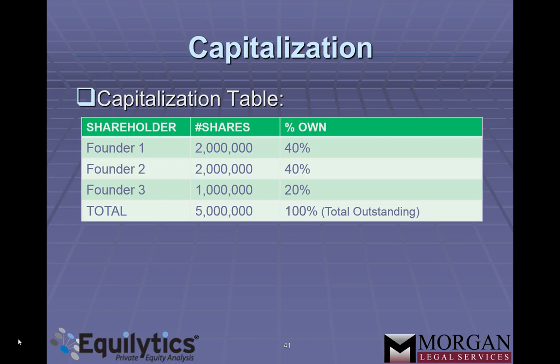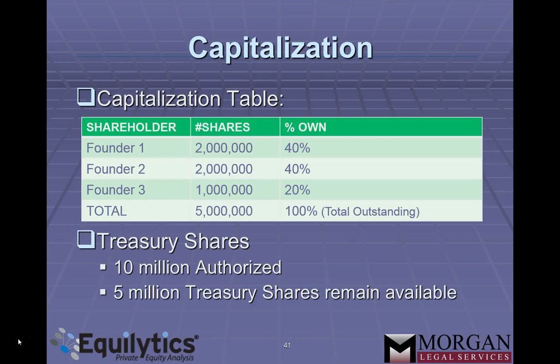Because we have a total of 5 million shares that have been issued, the first founder with 2 million owns 40% of the company. Same for the second founder. The third founder with 1 million owns 20% of the company, for a total of 100% of the company outstanding.